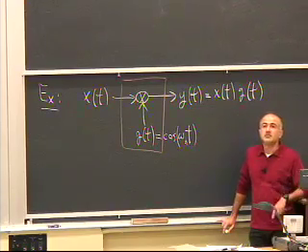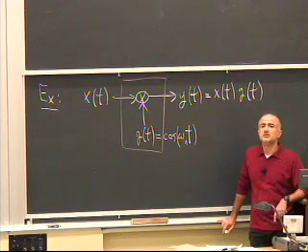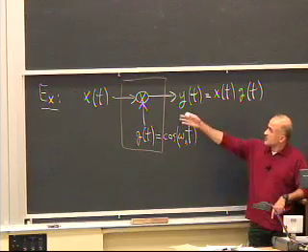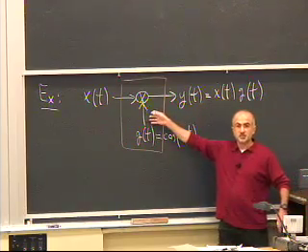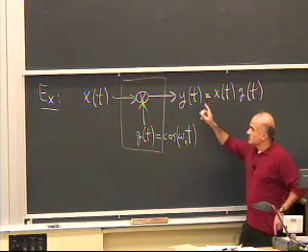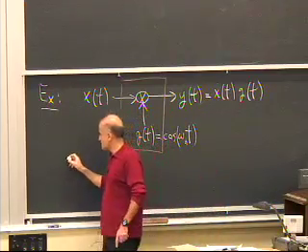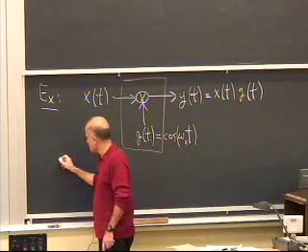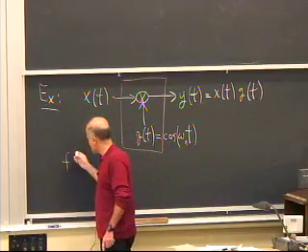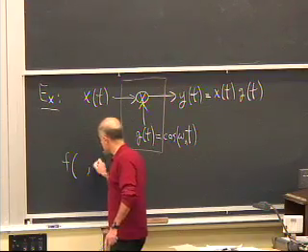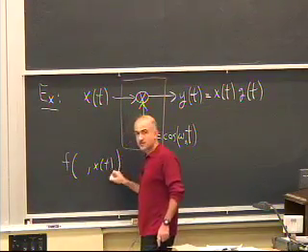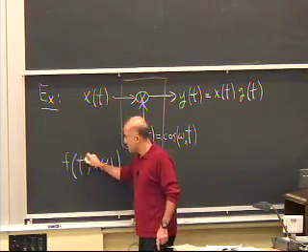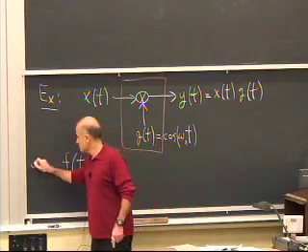Yeah? Well, for exactly the reason I just mentioned: most signals and systems books call a system memoryless if you can find a function f that is not only dependent on x at time t, but may also be a function of t.